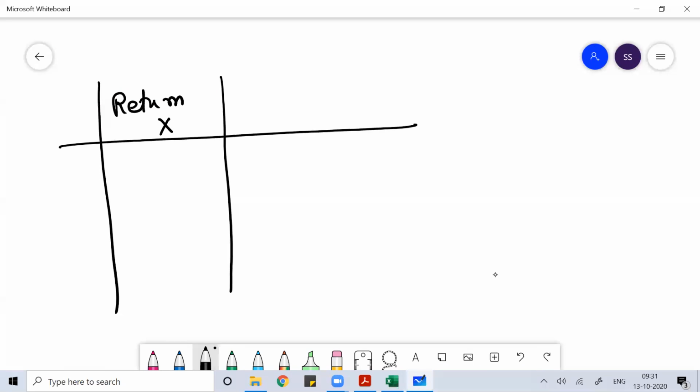So the returns are given to us, return on X and return on Y, both given in percentage.